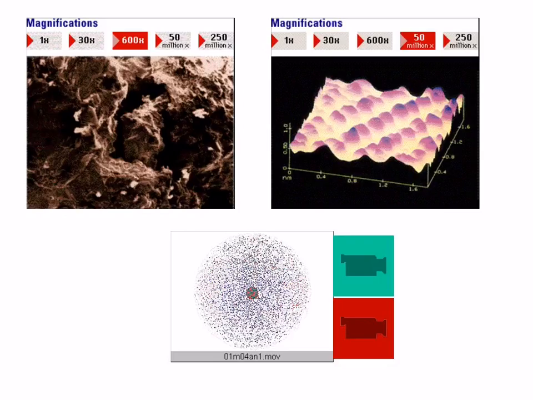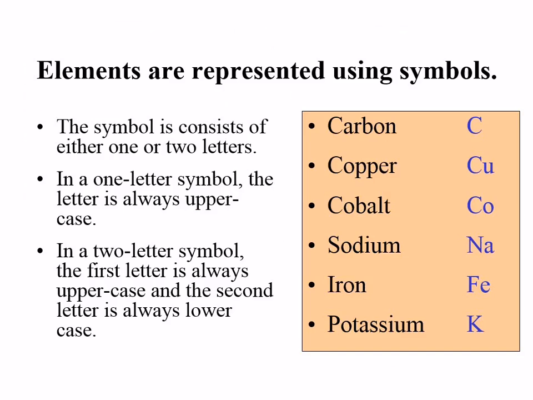All matter is in motion, and it depends upon which physical phase it is and what temperature it is with regard to what sort of motion it has, but I think we looked at this before. Okay, we use symbols. You guys told me Cu is the symbol for copper, the element copper. Cobalt, Co, sodium, Na, iron, Fe, potassium, K. What is the symbol for magnesium?